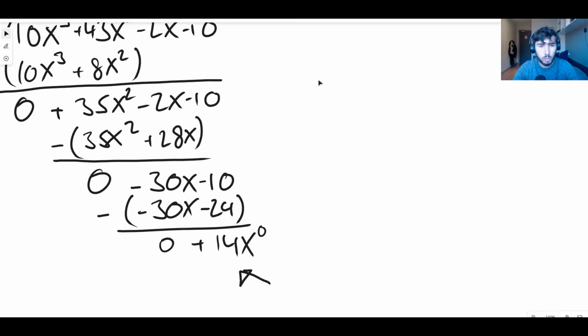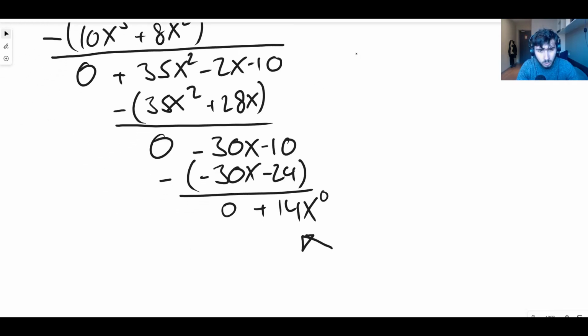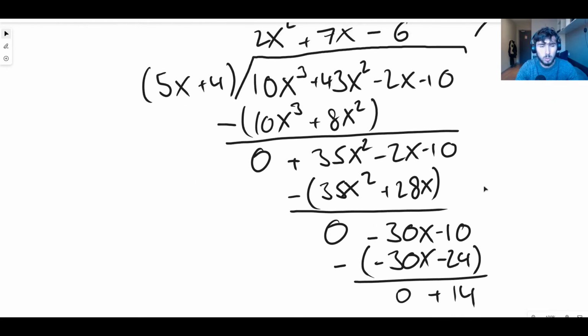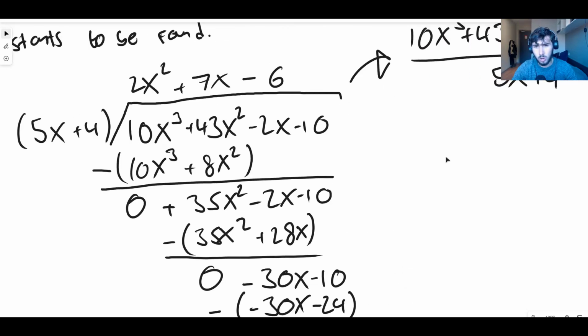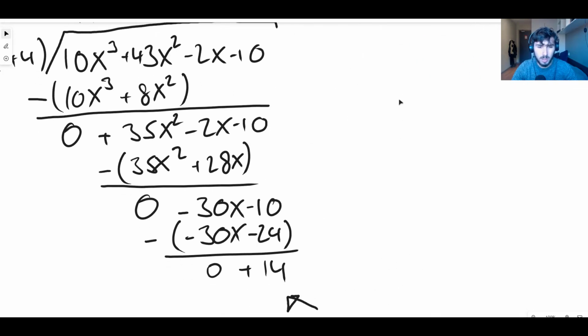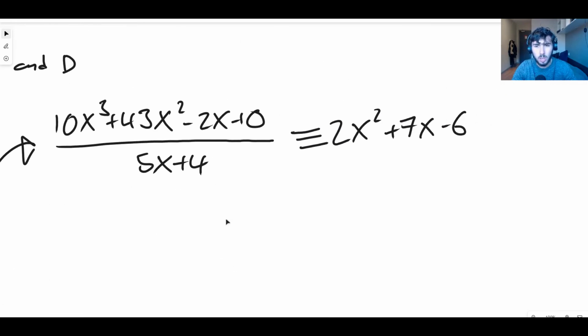And we can't do polynomial long division once the order of the polynomial down below is less than the order of the polynomial that we're dividing by, which is 5x, an order 1 polynomial, because it's x to the power of 1. Okay, that's just pedantics though, we don't need to really know about that. Basically, once you get to a constant, stop doing polynomial long division.